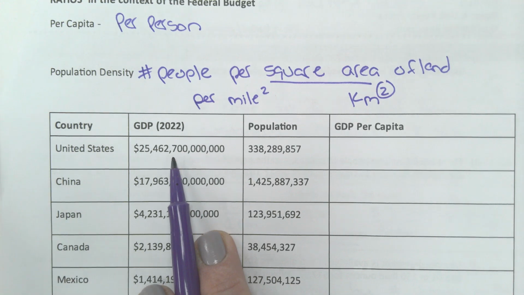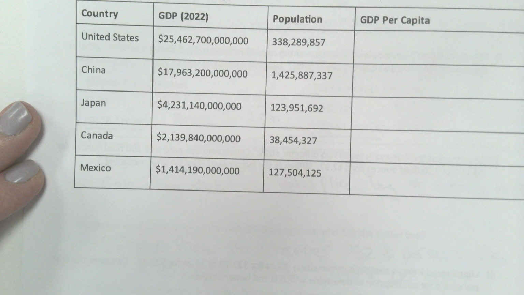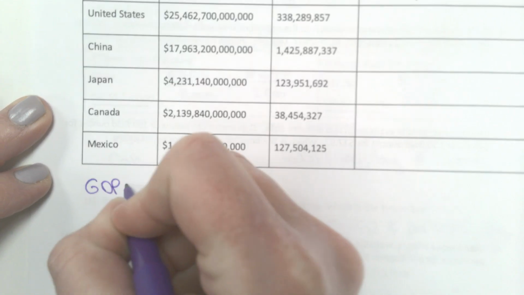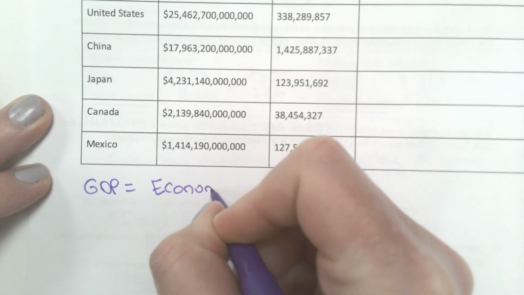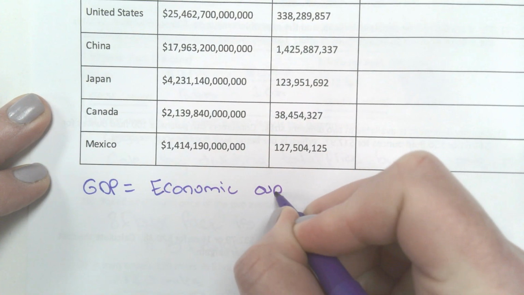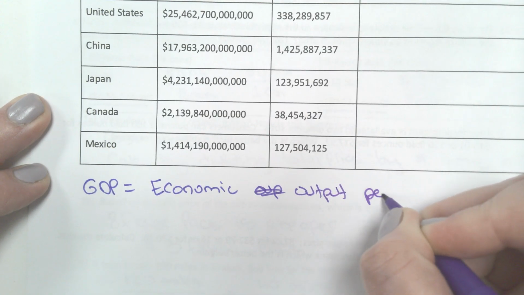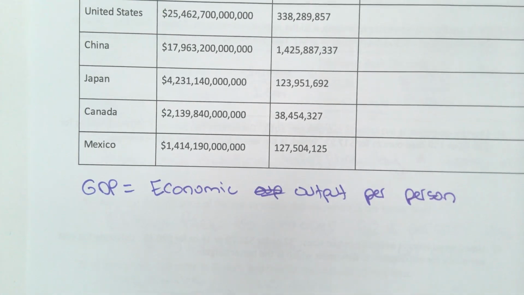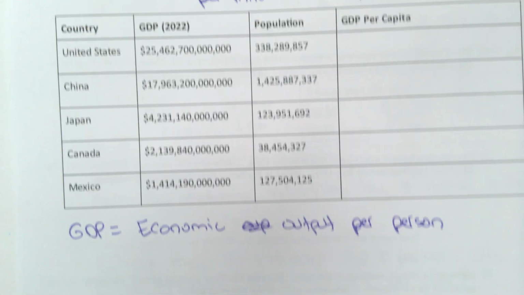So I have my GDP. The GDP is a country's economic output per person. That's the word output. So your GDP technically probably gives the world a sense of how rich or how poor you are.